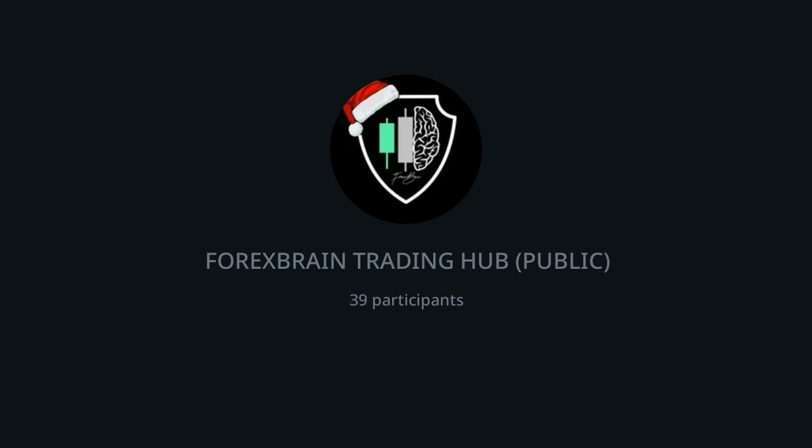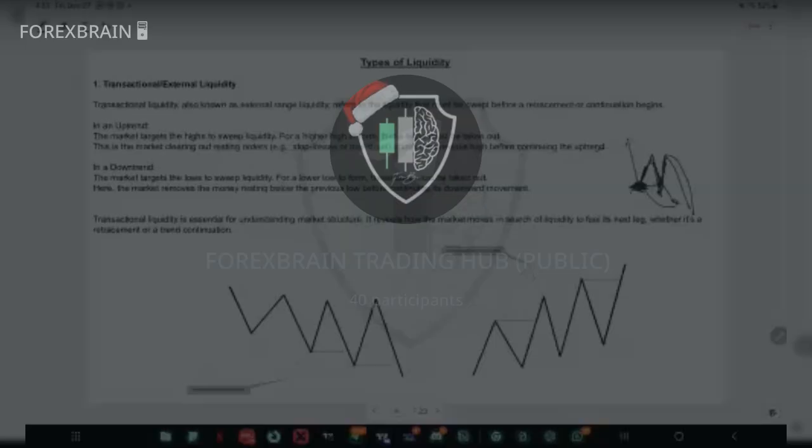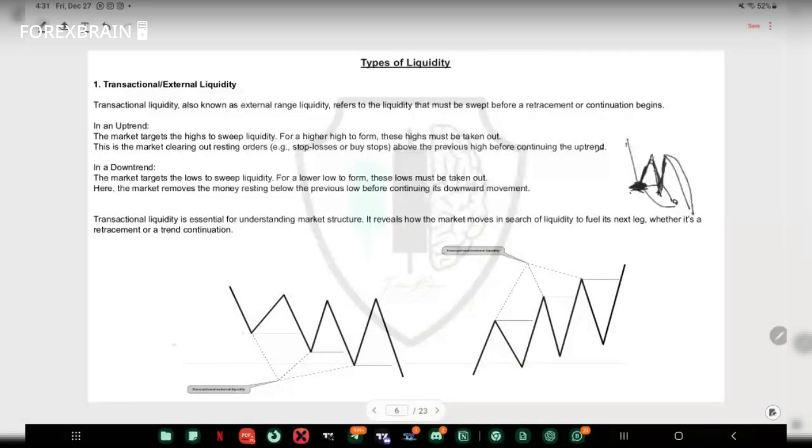So transactional liquidity is essential for understanding market structure. It reveals how the price moves in search of liquidity to fuel its next leg, whether it is in a retracement or a continuation mode. Do you get? So the significance of transactional liquidity is when it is used as a target area.